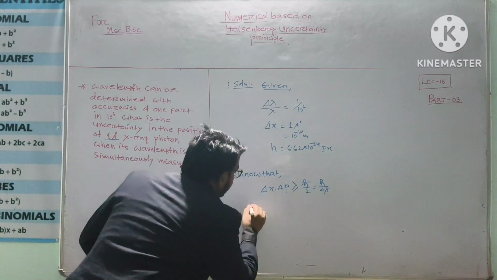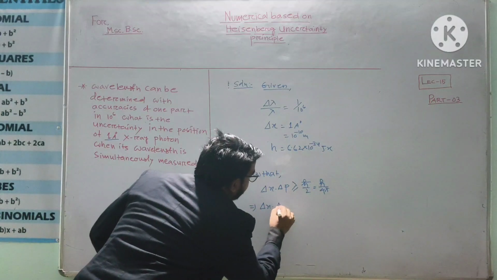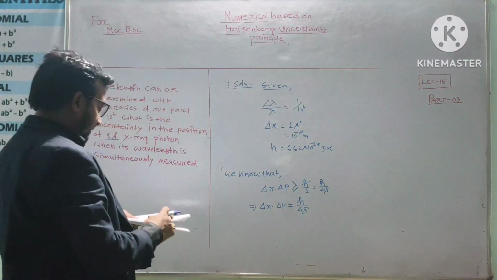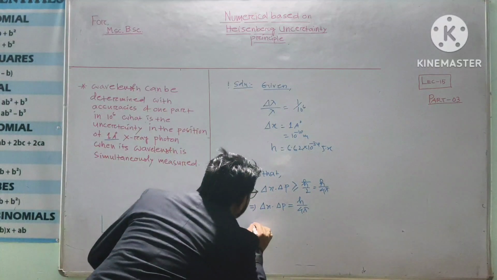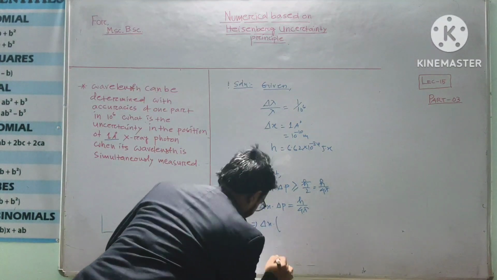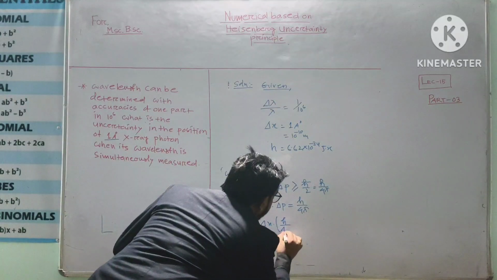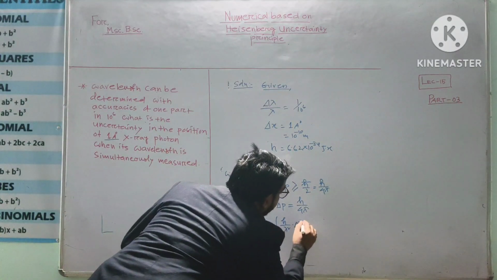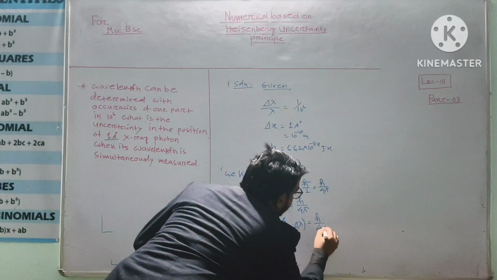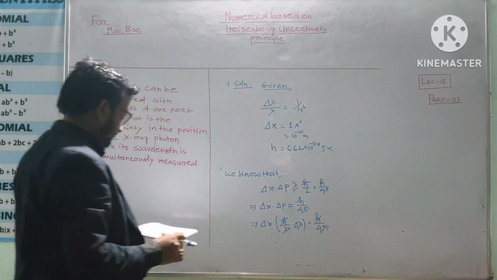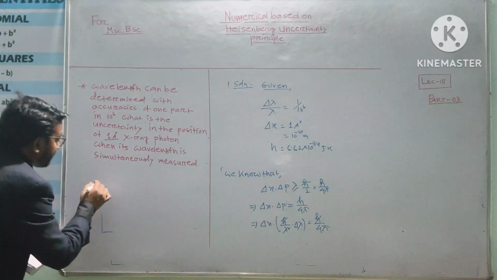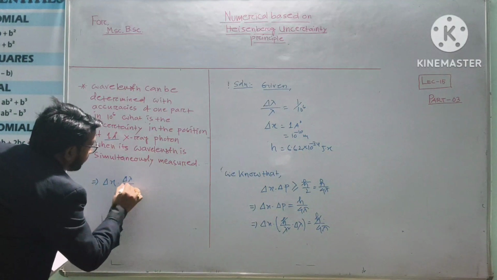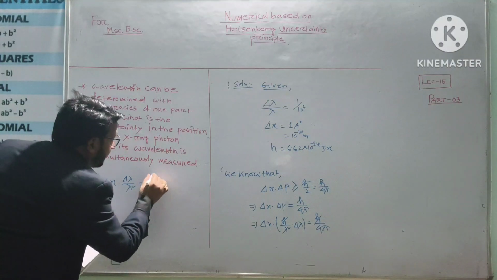Okay, so we can write Δx × Δp = h/4π. Δp we can arrange as h/λ² × Δλ, so Δx × (h Δλ/λ²) = h/4π. Okay, h and h cancel each other. So we can write Δx × Δλ/λ² = 1/4π.